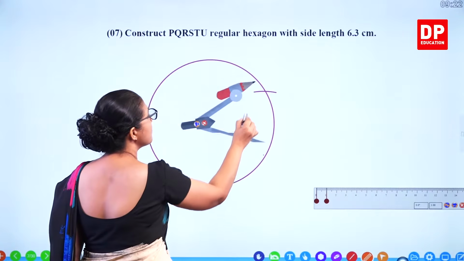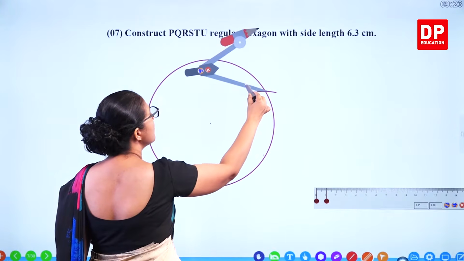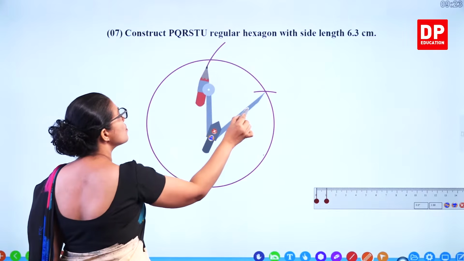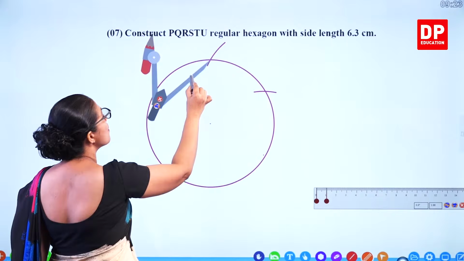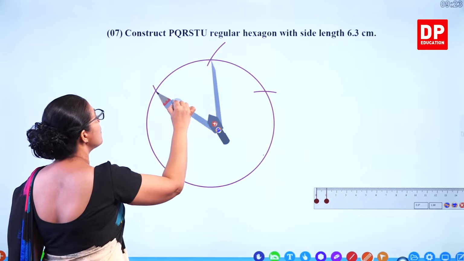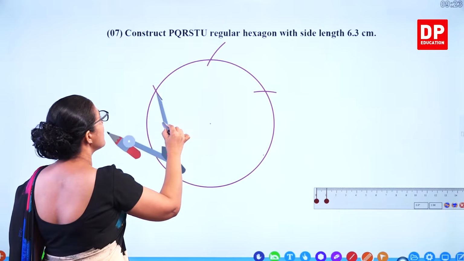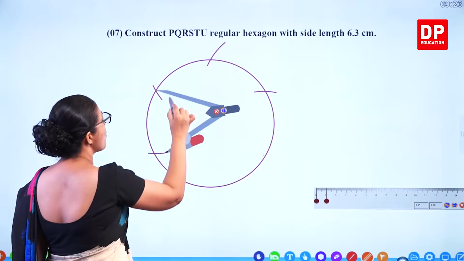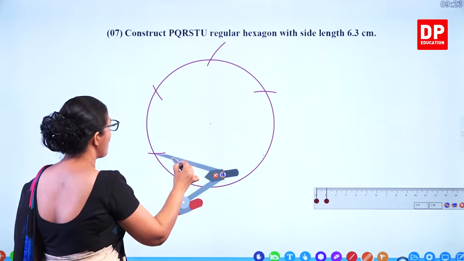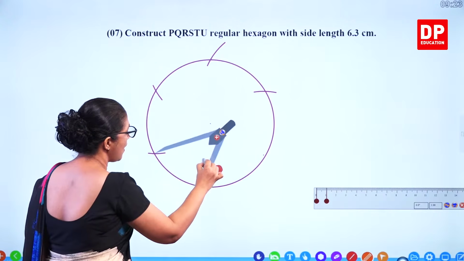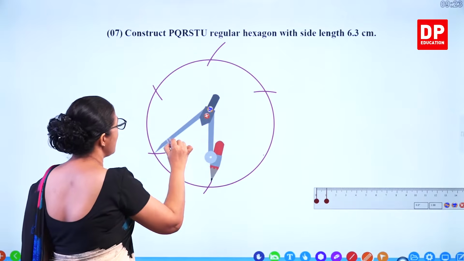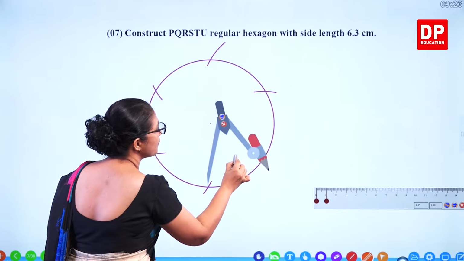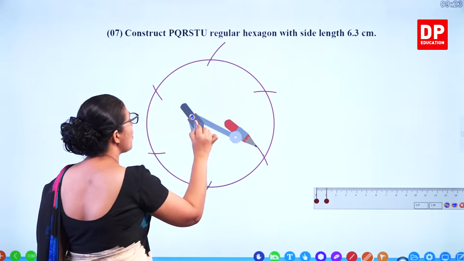1, 2, 3, 4, 5, and another point. 6. Now we have all 6 points.